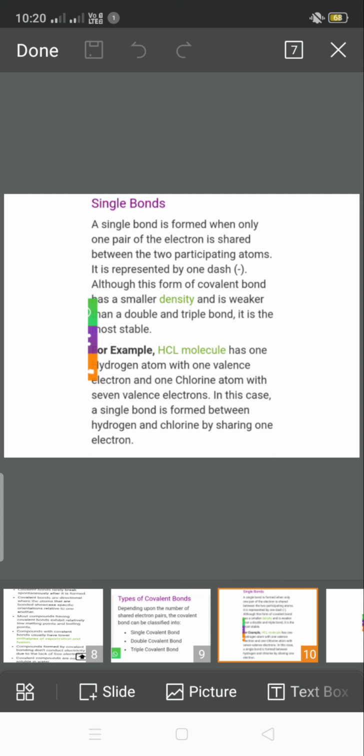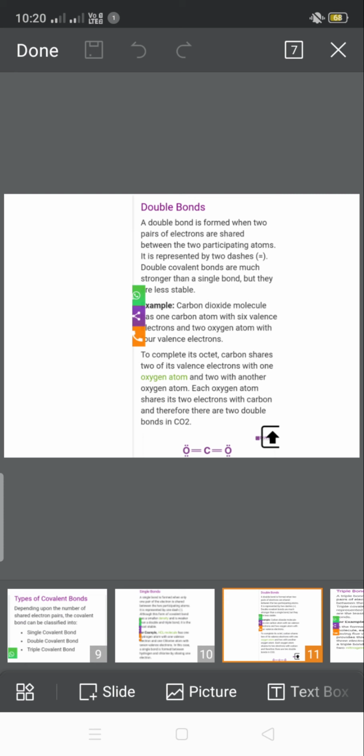Double bonds. A double bond is formed when two pairs of electrons are shared between the two participating atoms. It is represented by two dashes. Example: carbon dioxide molecule has one carbon atom with 4 valence electrons and two oxygen atoms with 6 valence electrons.